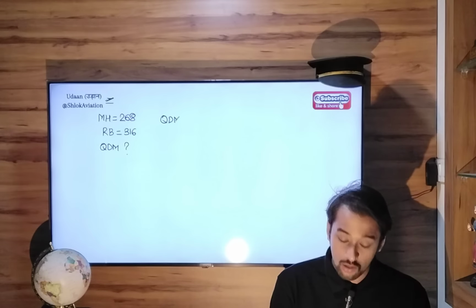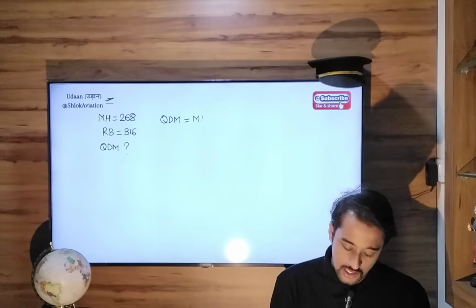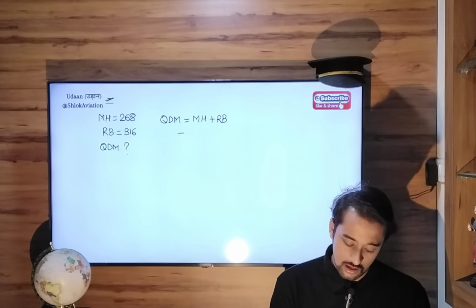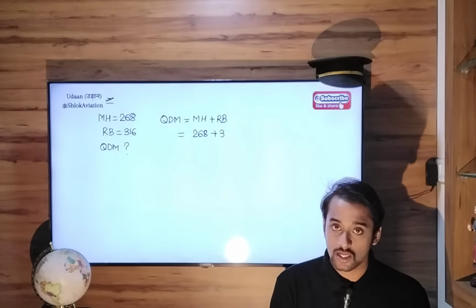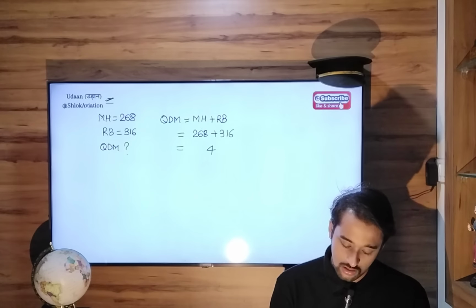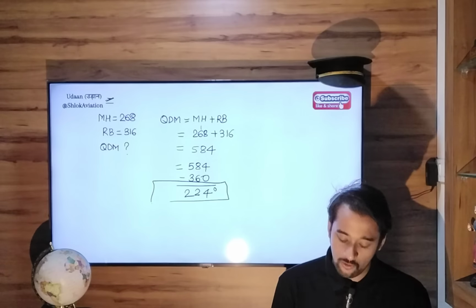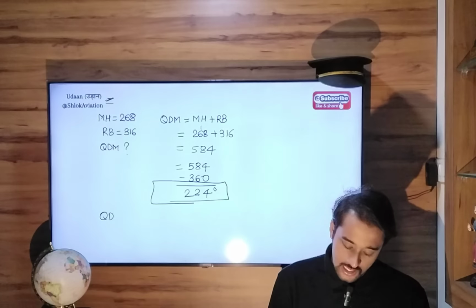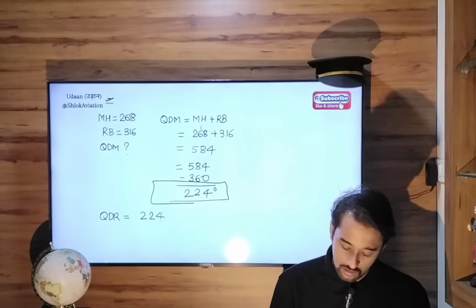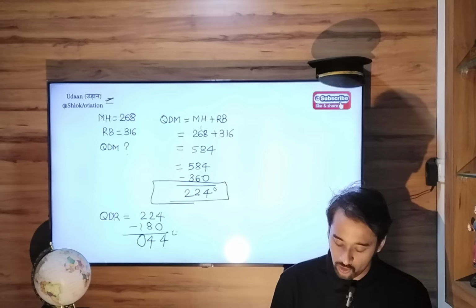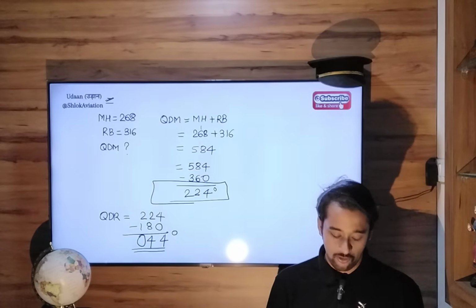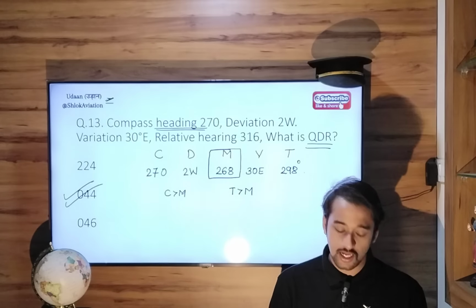QDM is magnetic heading plus relative bearing: 268 plus 316, so QDM is 224 degrees. QDR will be the reciprocal of that, which is 044 degrees. QDR will be 044 degrees. So option B is the correct option.